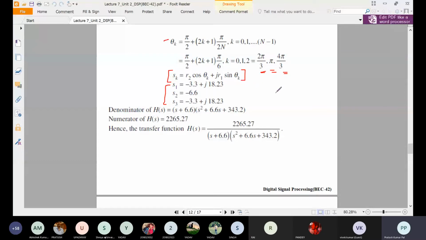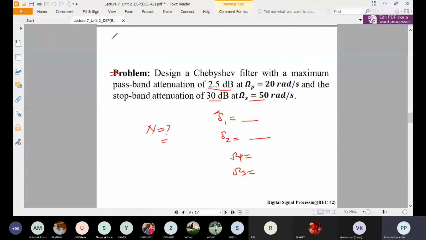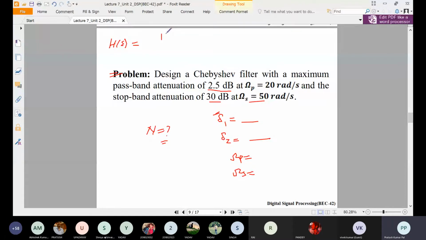So if we know this sk value, the transfer function basically will be given by h of s, and this h of s will be equals to a constant k divided by s minus whatever value is there, that is in terms of the poles we are getting. By this equation we are getting different poles.